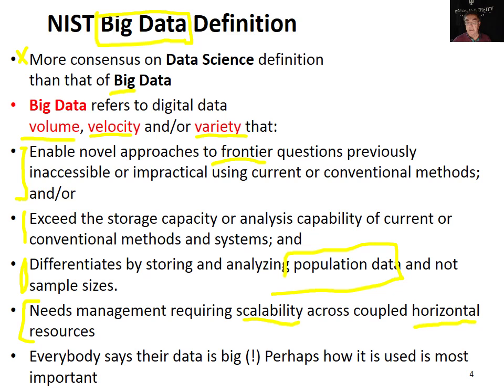Horizontally just means that, whereas vertically would mean we take one computer and make it more powerful, horizontally means we take lots of standard computers and spread the problem across them. So the essence of the above is that although you could use size to define big data, that is certainly application dependent, and in fact, it's the usage model which is probably the most important.